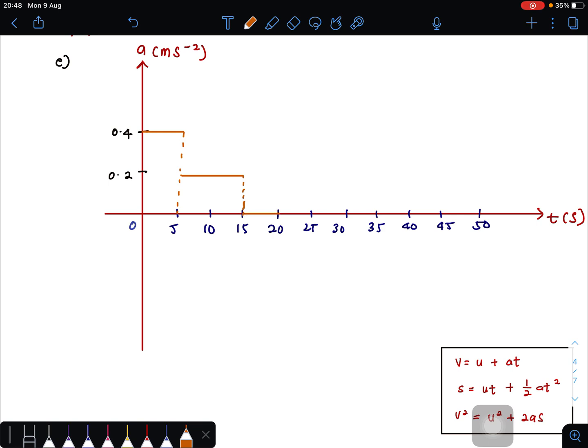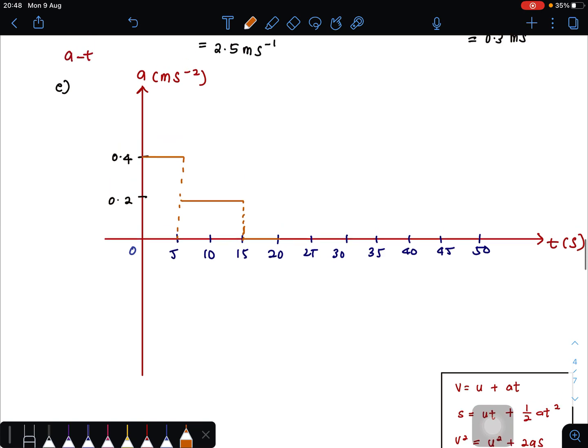And then next one, okay, I'm not going to refer to the notes. Okay, you refer back. So next one, 20 to 25, acceleration is negative 0.8, which means here to here.